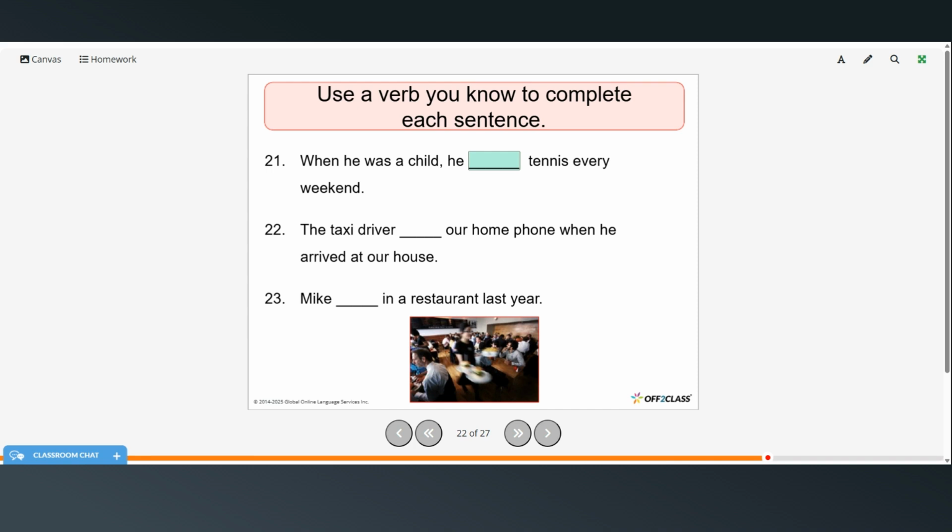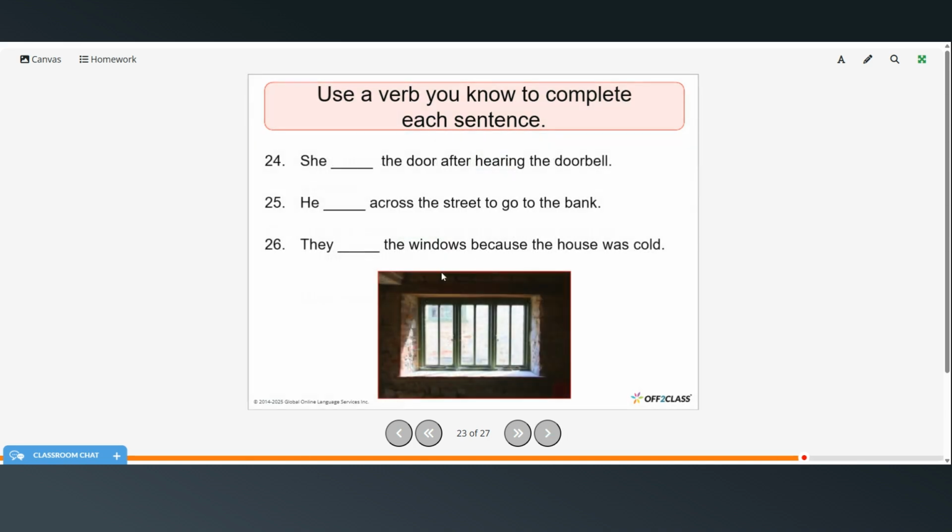When he was a child, he played tennis every weekend. The taxi driver called our home phone when he arrived at our house. Mike worked in a restaurant last year.